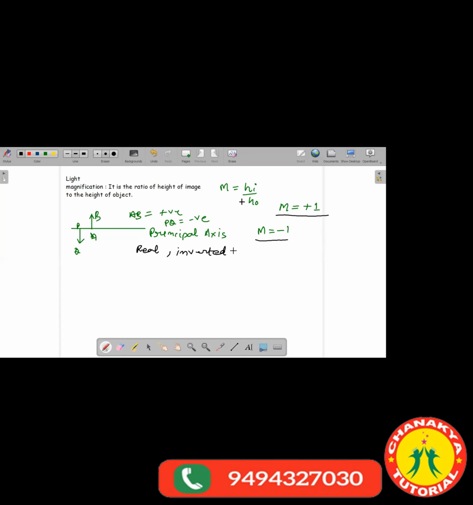Can you tell me which mirror will give me this result? Real, inverted, and same size. Concave mirror. And where should I place the object so that I will get this result? At C. At C? Very good. So this way we are able to guess.